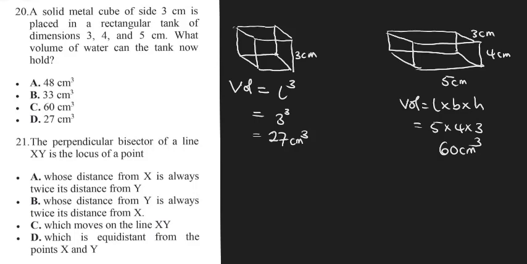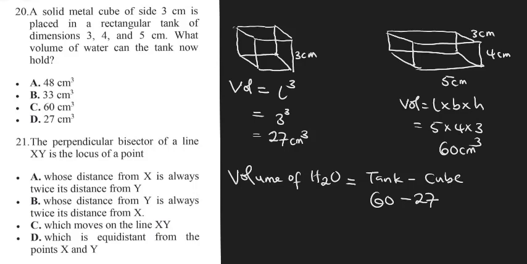So this is the volume of the tank, and this is the volume of the cube. By the time we want to get the volume of water, it will be that of the tank minus the cube, which will be 60 minus 27, right?